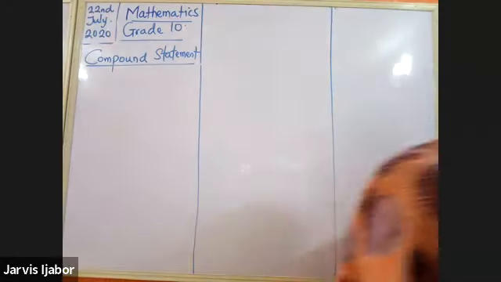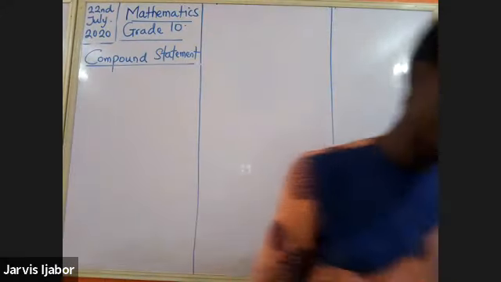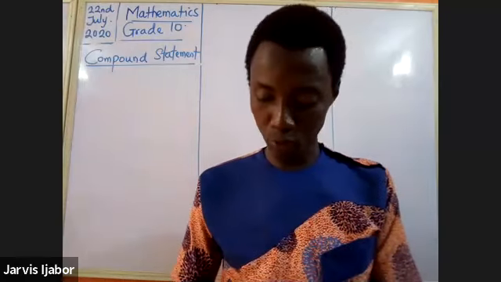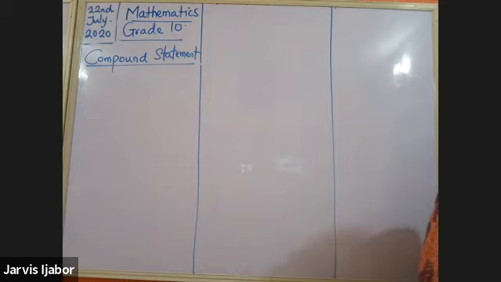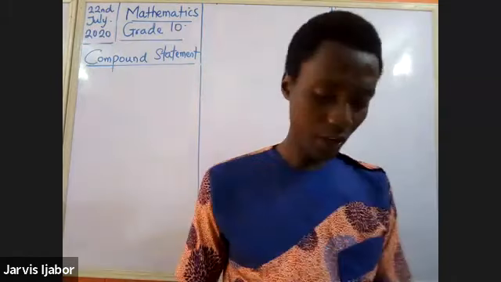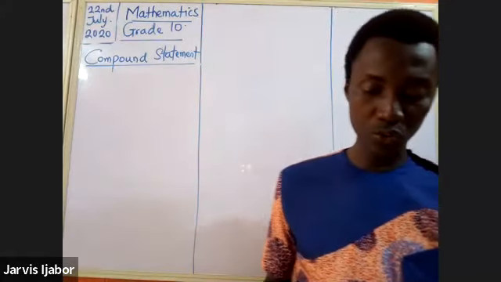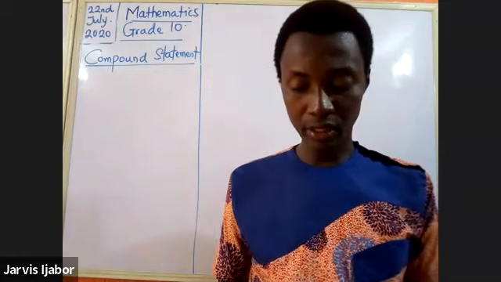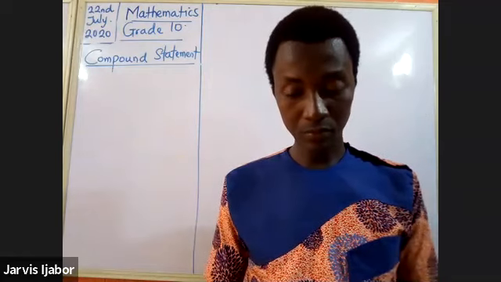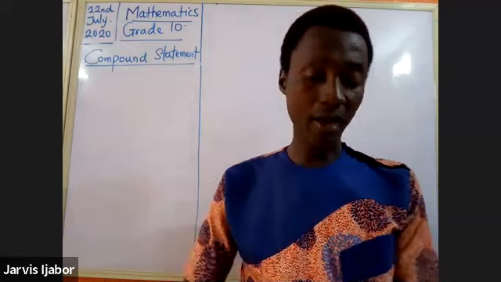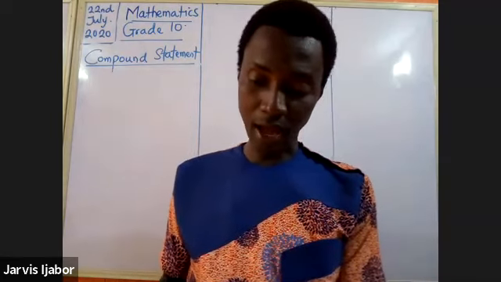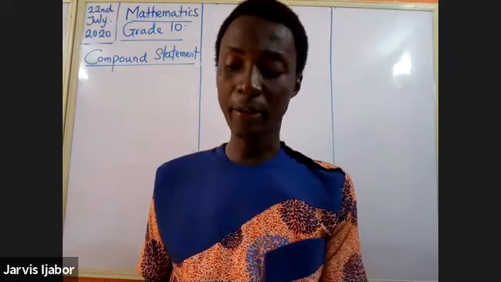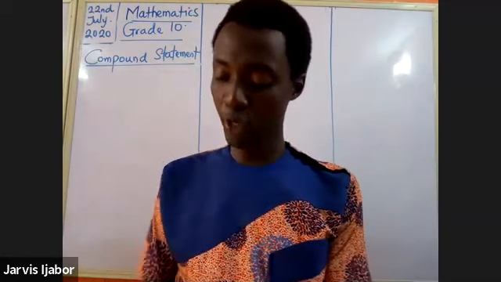All right. So with that in place, if you're using the old edition, it will be on page 107. And if you are privileged to have the other one, Excellence in Mathematics, that chapter can be found on page 176.